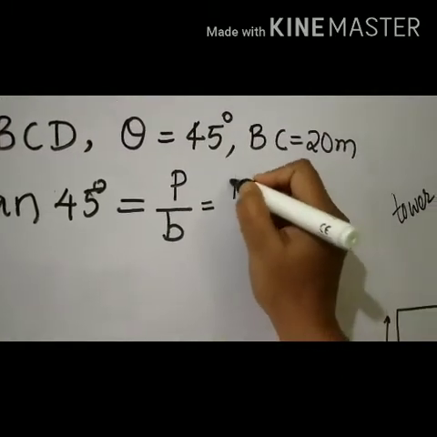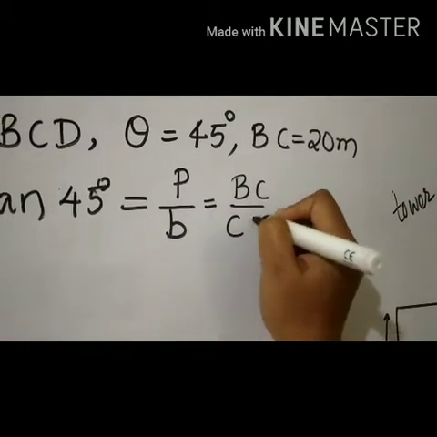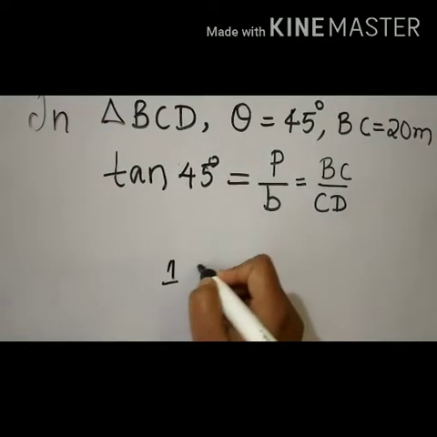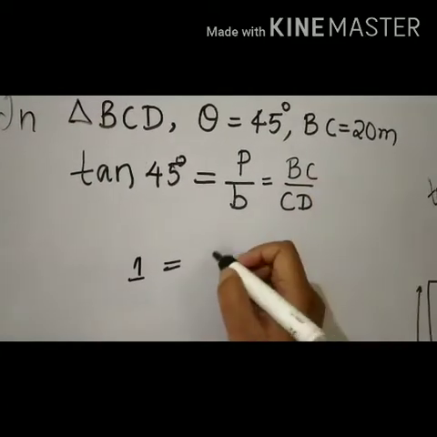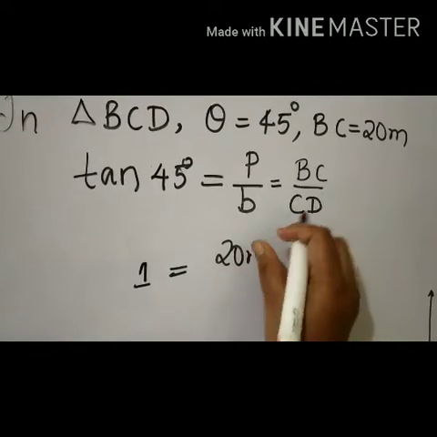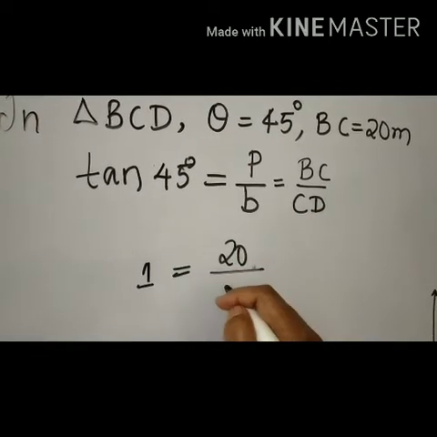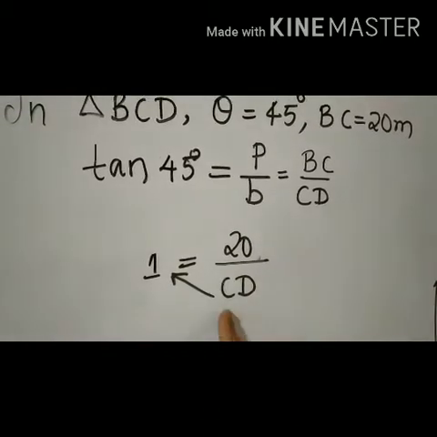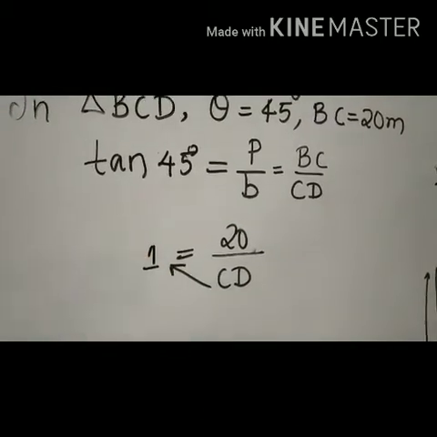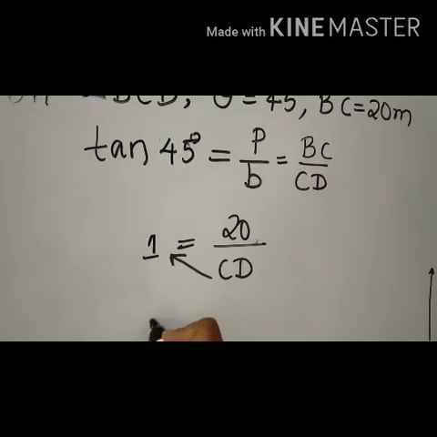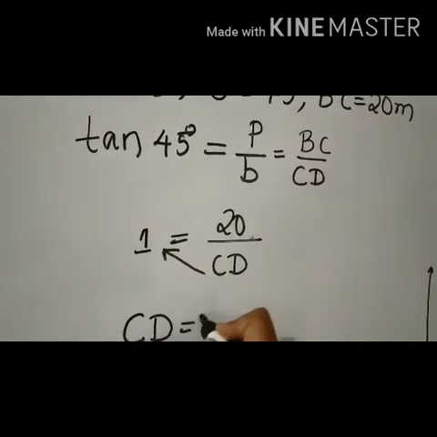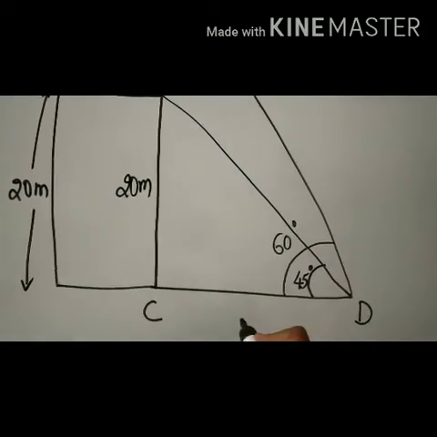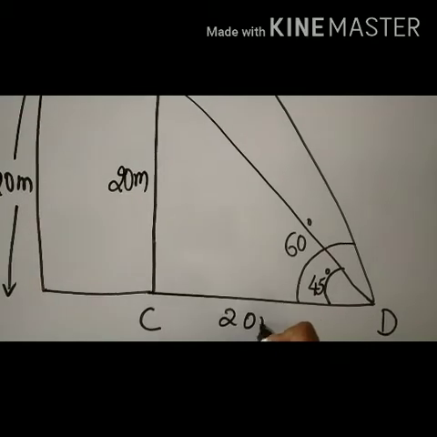So here BC by CD, and we know that tan 45 value is 1. So 1 is equal to the height of BC is 20 meter, 20 divided by CD. Now let us do the transposition to find the CD. CD goes to the left side, becomes 1 multiplied by CD, and it is same. CD is equal to 20 meter. So now we have got CD is equal to 20 meter.